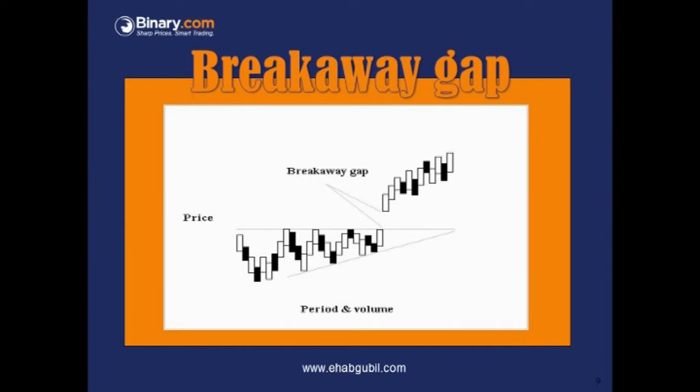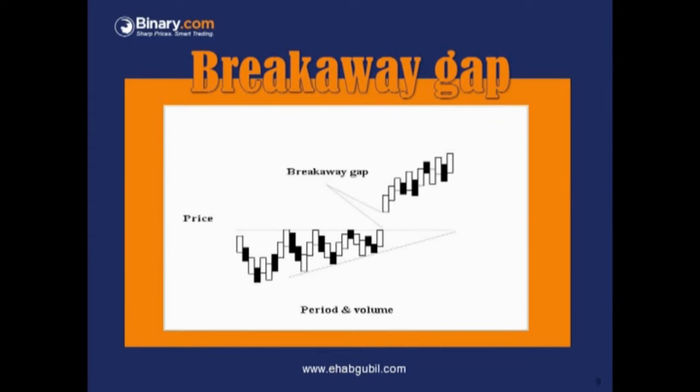It happens at the beginning of a market move, usually after the security or the instrument has traded in a consolidation pattern, which happens when the price is trading within a bounded range. It's referred to as a breakaway gap as the gap moves the market price out of a non-trending pattern into a trending pattern.